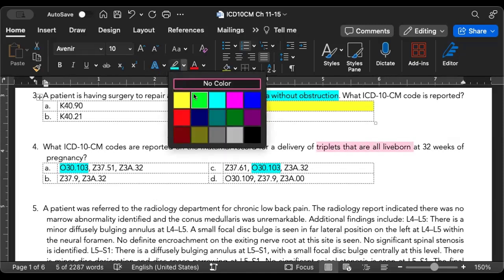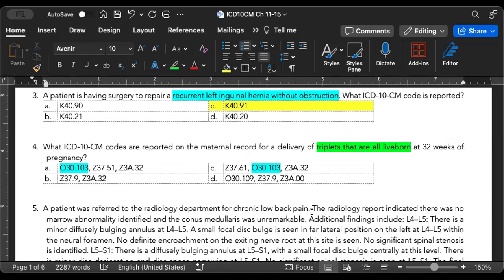So what should our code be for all live born triplets? Again, you go to outcome of delivery, multiple births, all live born, and then triplets.